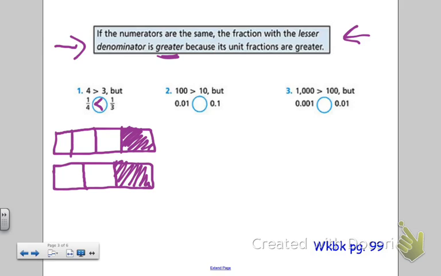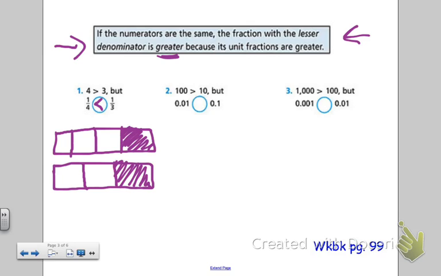The numerators were the same, right? They were both 1. We were talking about unit fractions. But we're talking about 1/4 compared to 1/3. The 1/3 has bigger sections, bigger unit fractions, and that's why it's greater. So whenever you have the same numerator, just compare the denominators.